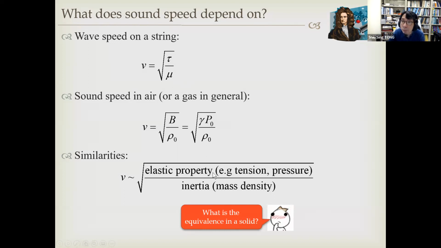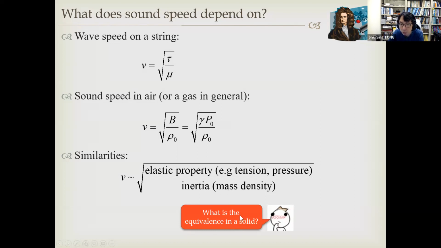When you're talking about a mechanical wave, a mechanical sound wave, which is due to the vibration of air or vibration of a solid, you always have the wave speed proportional to the square root of the elastic property divided by the inertia of the medium, or the density of the medium. Okay.